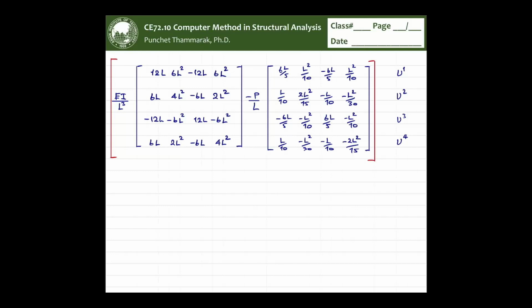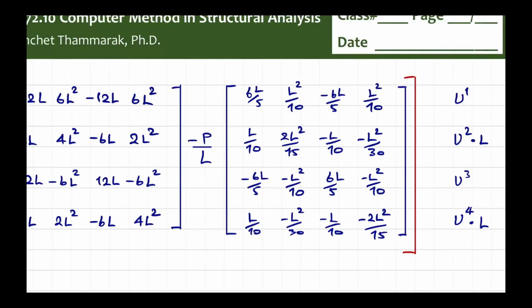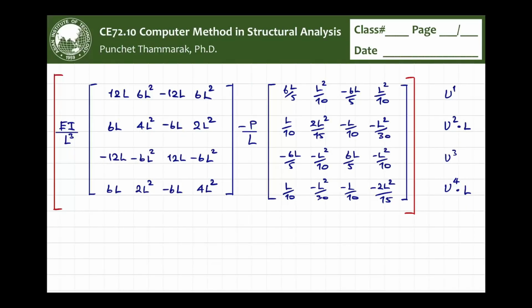I did that successfully. The second thing, if I change the rotation into a degree of freedom that is equivalent to a length scale instead of rotation, I pull out the L from inside the stiffness matrix and multiply by U2 and U4. So I have to take it out from column number 2 and column number 4.